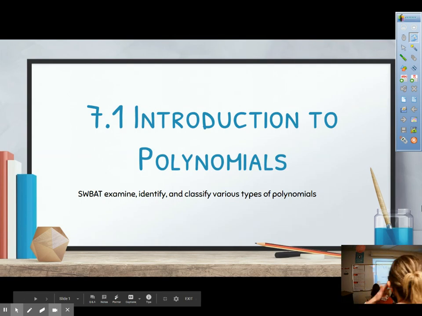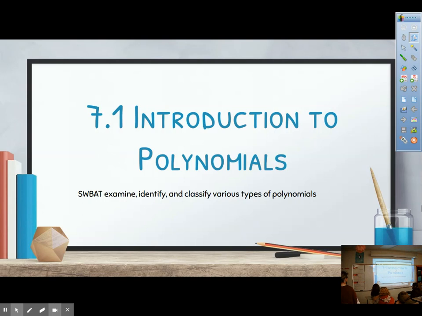After this chapter, we're going to go into chapter 8 or 9, which will be graphing quadratics. But right now, we're just going to be talking about polynomials: adding and subtracting polynomials, multiplying polynomials, factoring polynomials, and then when we get to our next chapter, we're going to go back to graphing.